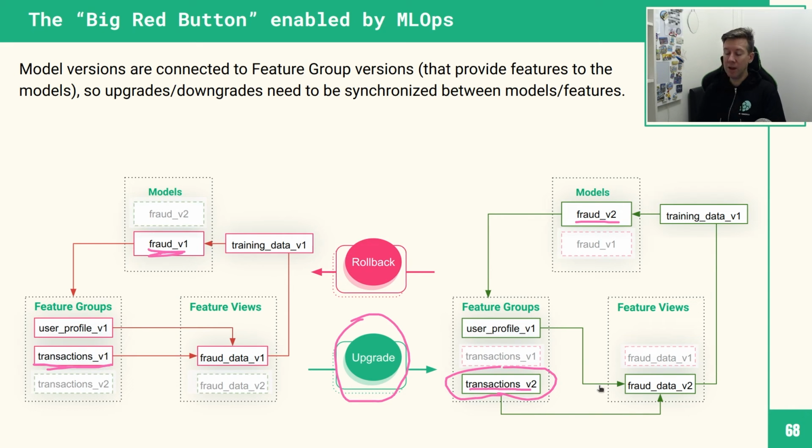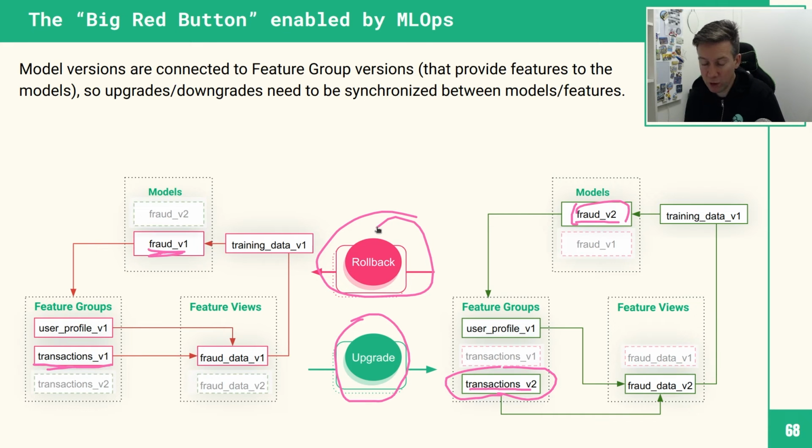And then suddenly, whoa, the model v2 starts performing poorly. So what do you do? Well, I press the big red button. Simple as that. The big red button, the rollback button, should just roll back my model to v1, and then the clients who are using the fraud deployment don't know if it's v1 or v2. They're just making a request on the model, but they'll get routed to the v1 deployment, not to v2.